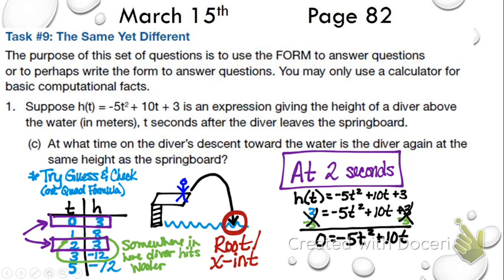I couldn't factor the original equation, but can I factor that? What can I take out of both pieces? Negative 5t. So I would have 0 equals negative 5t times what? What would be left over? t minus 2. What would I do with each of those factors now?